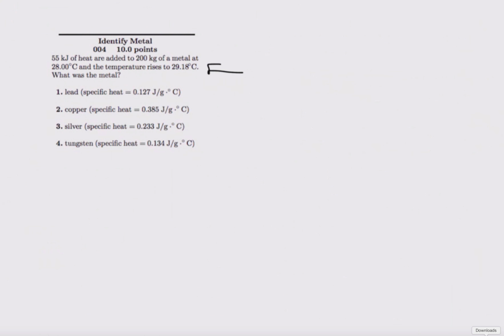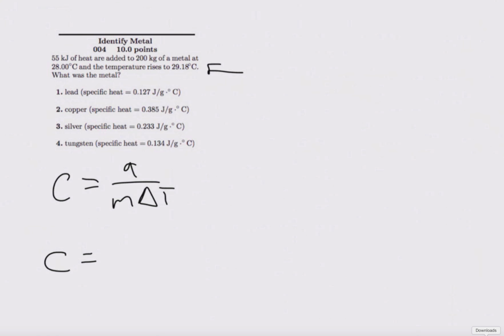Okay, what we're looking for here, the specific heat, is the amount of energy divided by the mass times the change in temperature. Sorry, that's the formula that we're going to plug all this into.